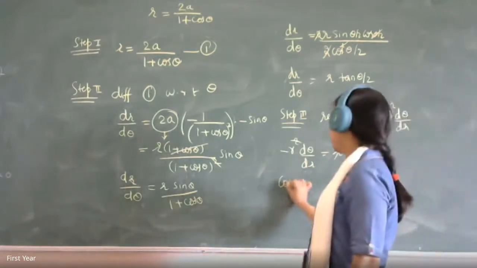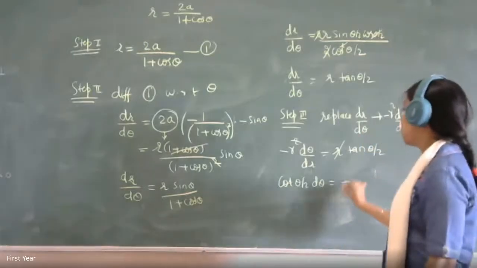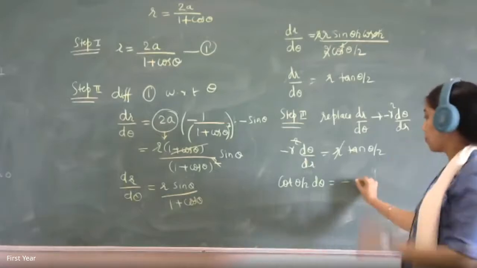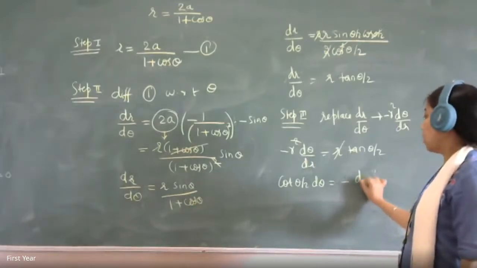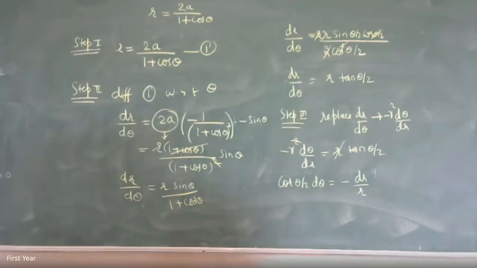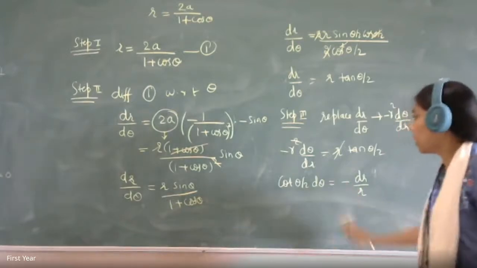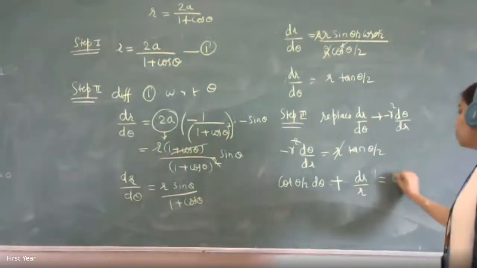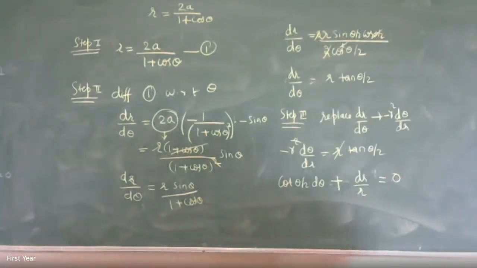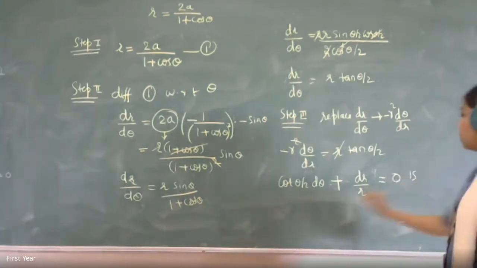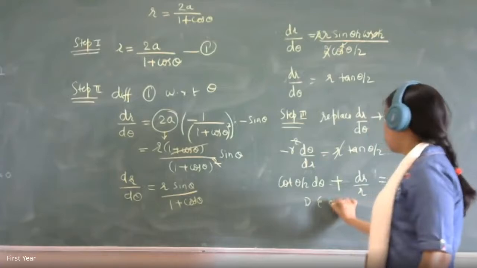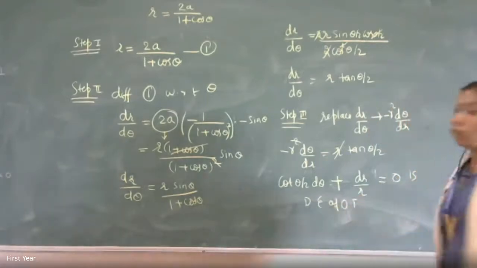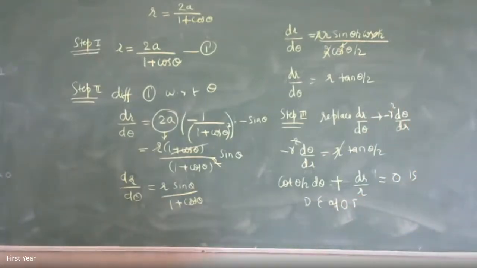So it is again cos of theta by 2 d theta is equal to minus dr by r. Plus dr by r is equal to 0. This is the differential equation of the orthogonal trajectory.